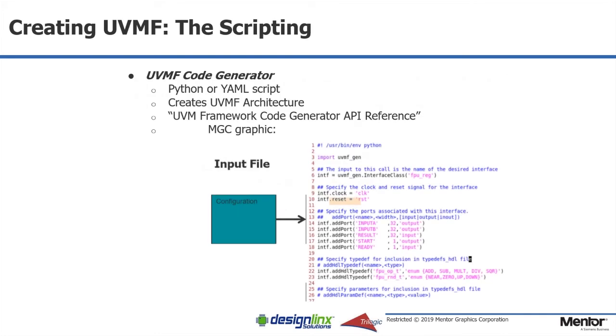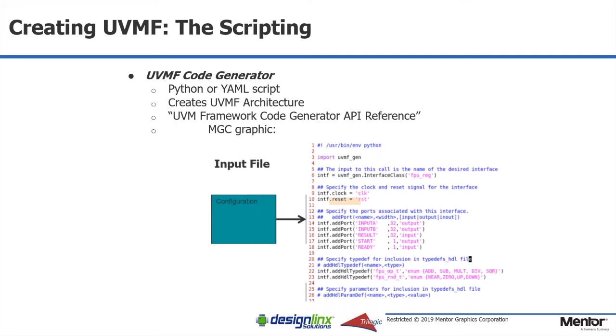So how do we begin our creation of a UVMF environment from scratch? The UVMF code generator, as I said, works with either a Python or YAML script. I'll be demonstrating Python. I believe YAML was a later revision than 3.6G, so that's why I'm using Python.